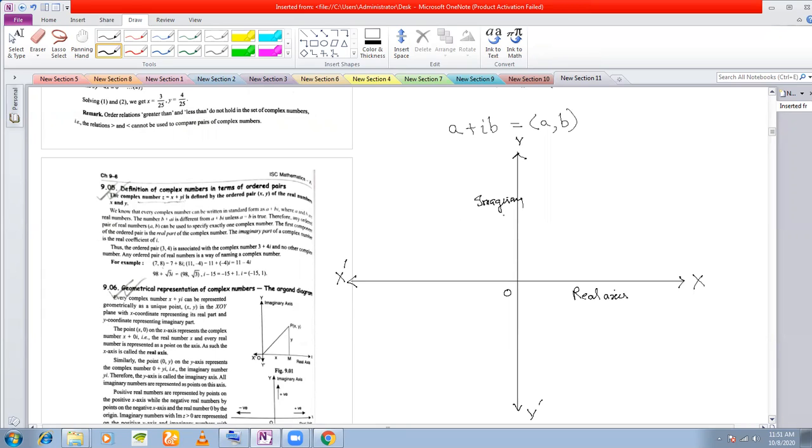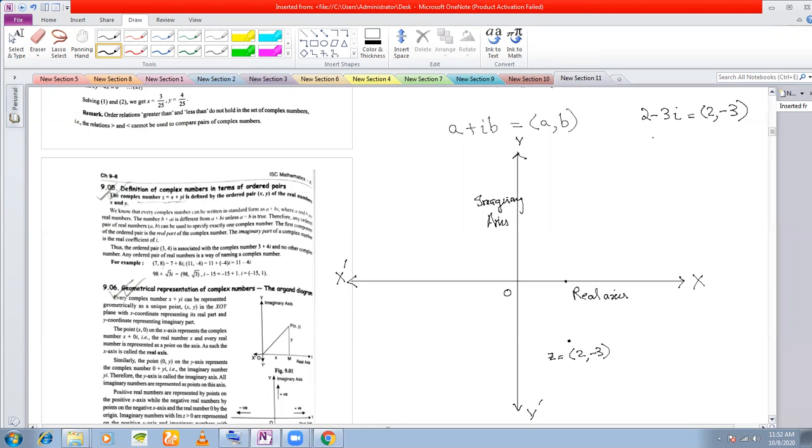Suppose I have the complex number 2 minus 3i. It can be written as the ordered pair (2, -3). To represent it on the Argand diagram, I simply plot this point, 2 units and then minus 3 units. So this represents your complex number z = 2 minus 3i.